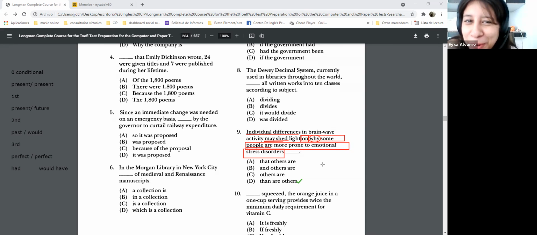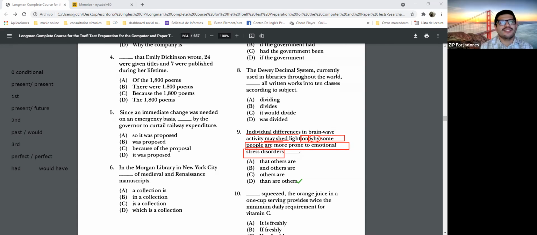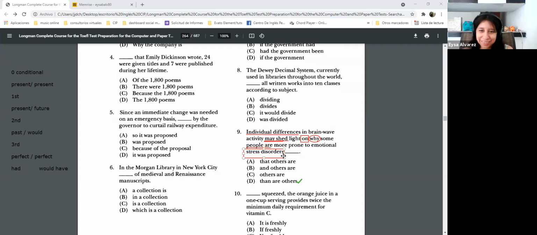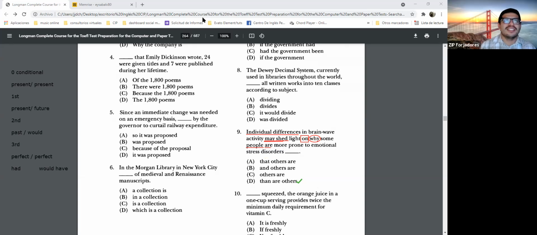But we need to compare, right? Oh, yes, you're right. So it doesn't end there. Very good, because we have the more. So these are comparative.